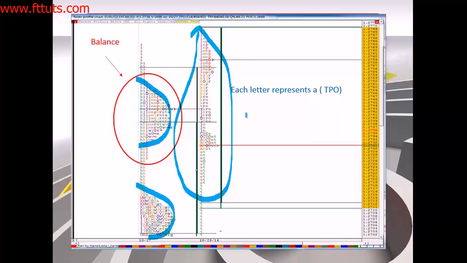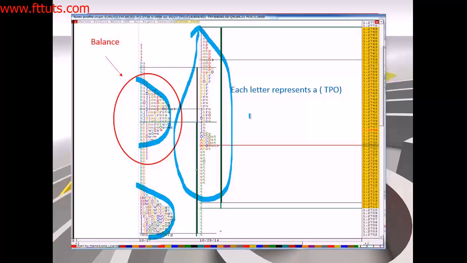Hopefully now you have begun to see some of the important concepts that we will be discussing vis-a-vis the profile, and why it is so important to understand the auction and what's happening in the auction to be able to understand and benefit and utilize the profile.